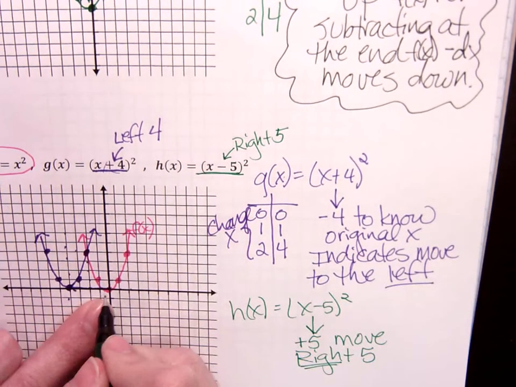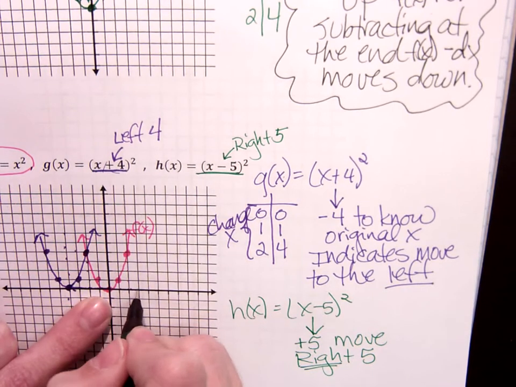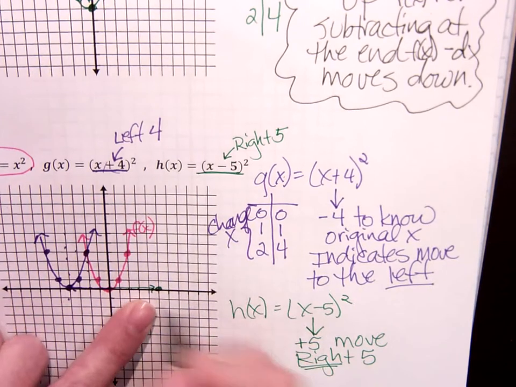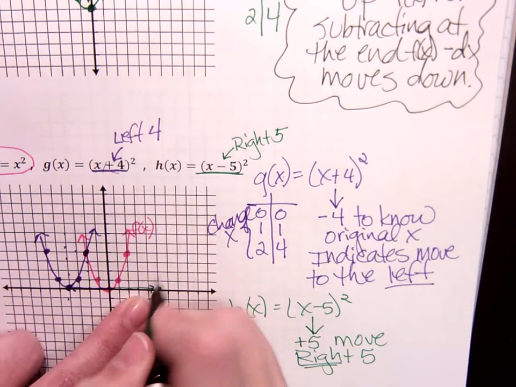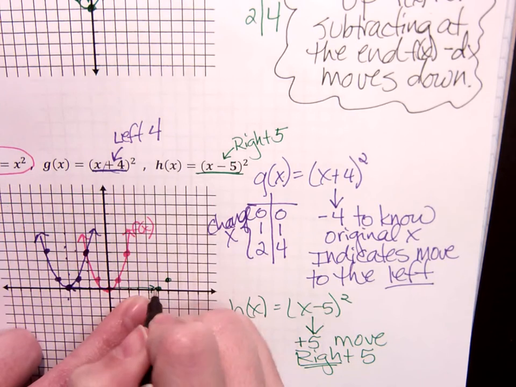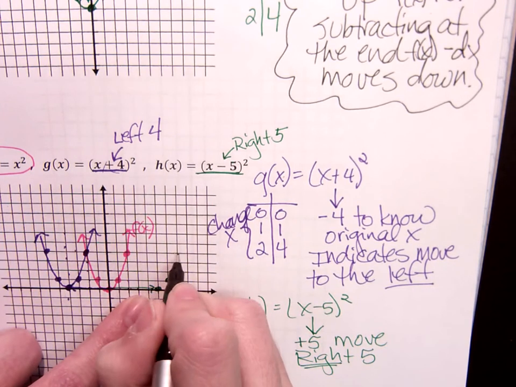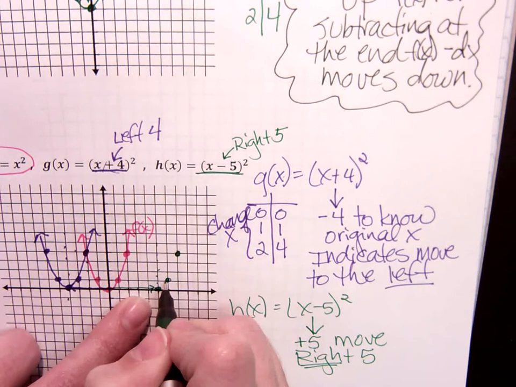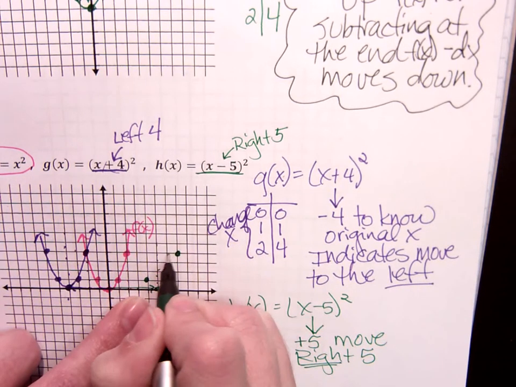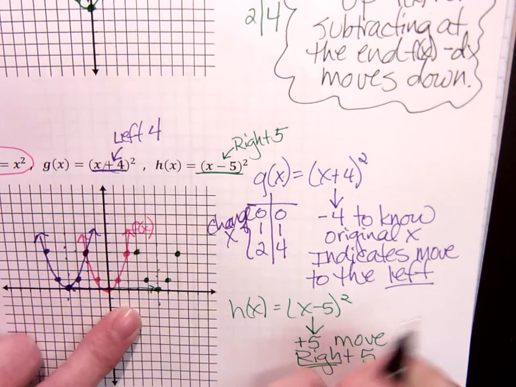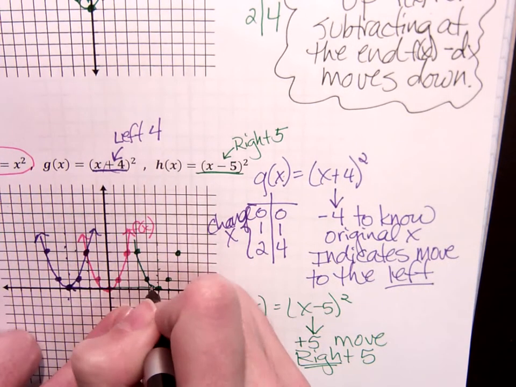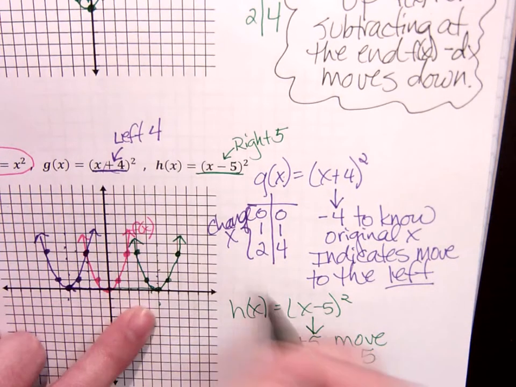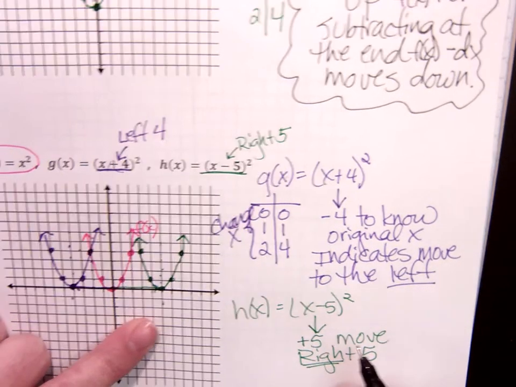So from my 0, 0, I move 1, 2, 3, 4, 5. And then the same size, same shape. All we've done is that single transformation. 1, 1, 2, 4. Sketch the axis of symmetry in there so it's easier to reflect across. We don't have to keep up with anything. Again, same size, same shape. All we've done is move it over to the right, those 5 units.